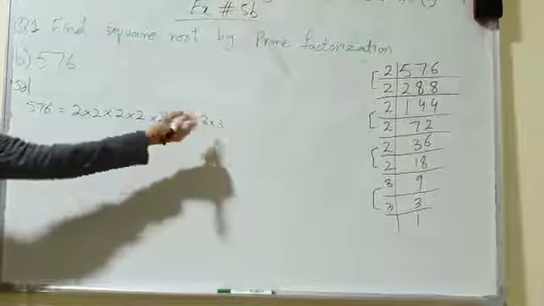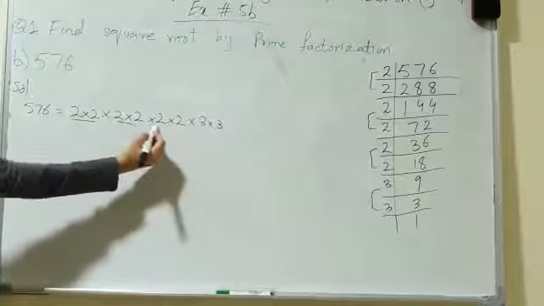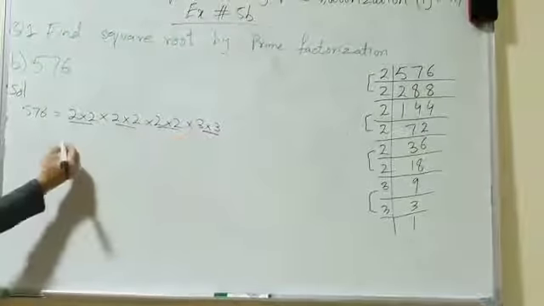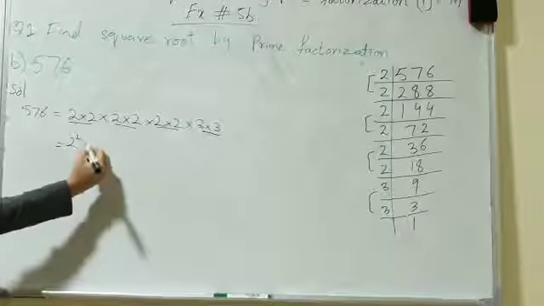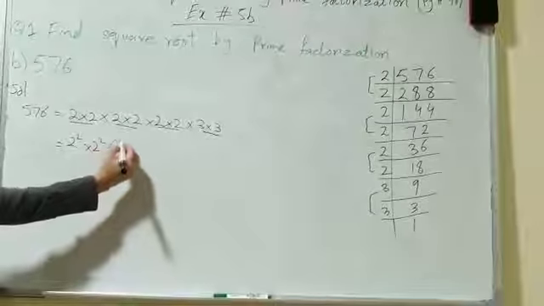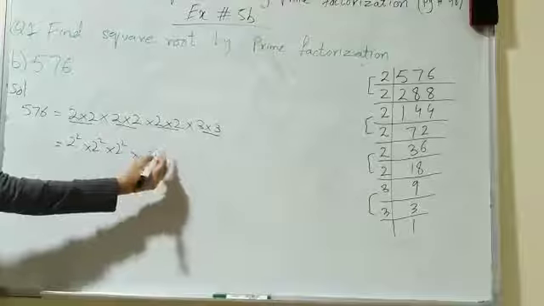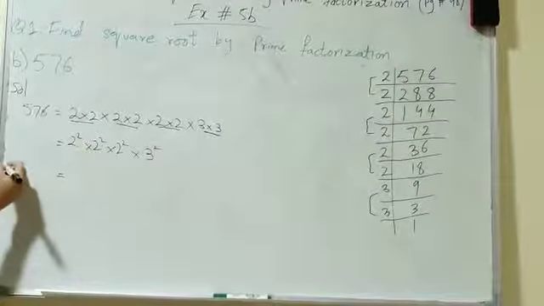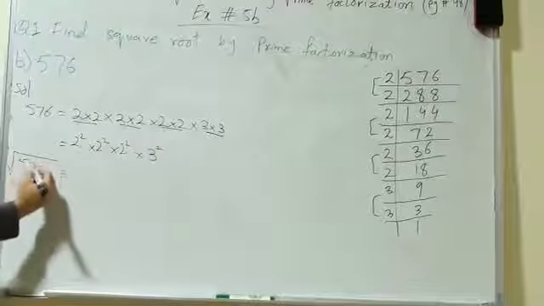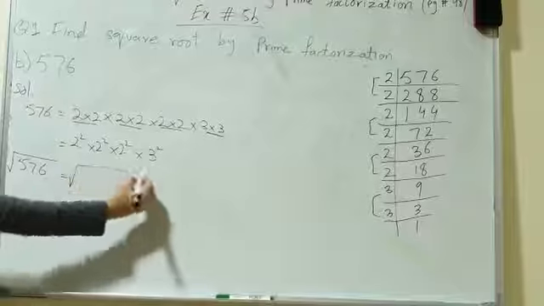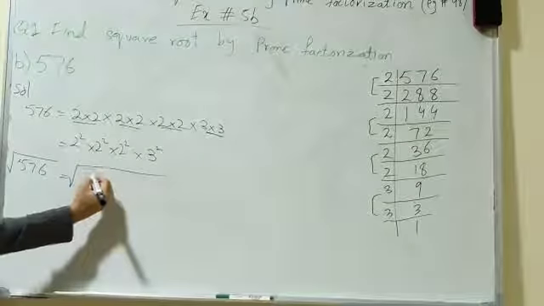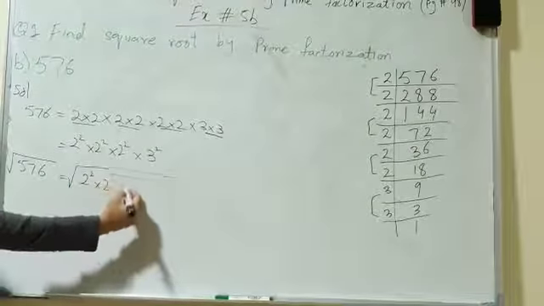Now pairing up these factors, we can write 2 square multiplied by 2 square multiplied by 2 square multiplied by 3 square. Now taking the square root on both sides, we will get the square root of 576 equals the square root of all these factors in this form.